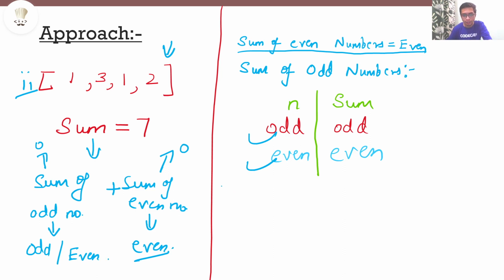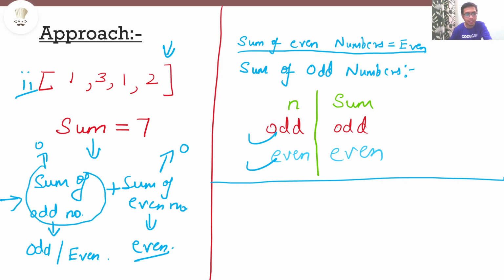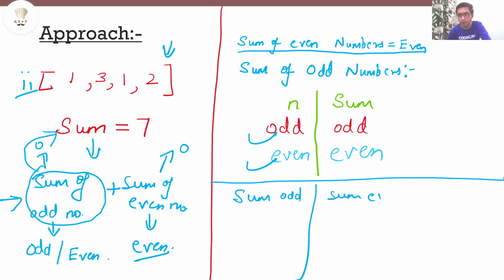Now let us see how the sum of odd numbers affects our original sum of the array. So I'll draw three columns over here, which are the sum of odd, the sum of even, and the final sum of the array.